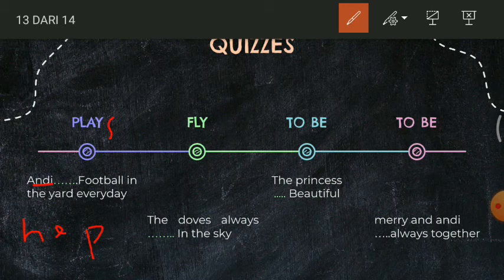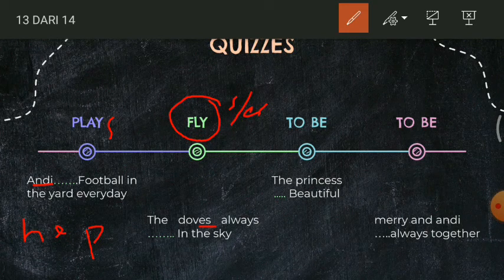The doves means many doves. Many doves always blah blah blah in the sky, so you don't need to add s or es to the verb because it is like they.